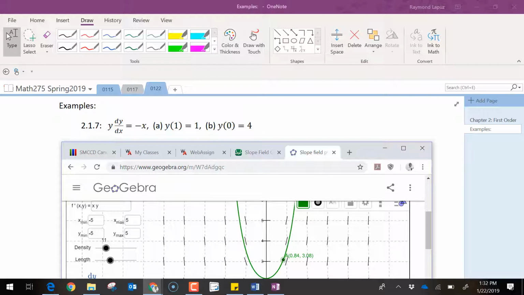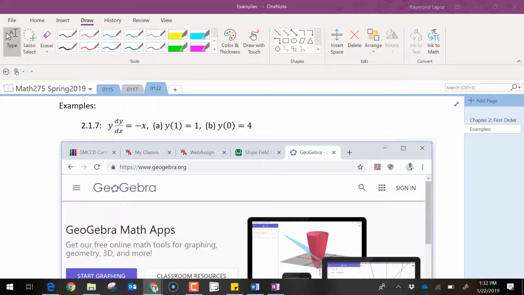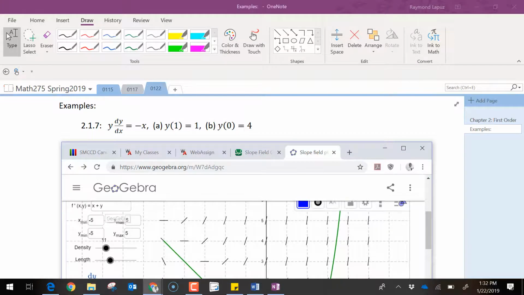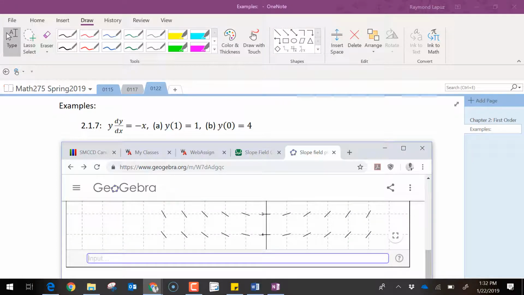All right, so that's our differential equation in normal form. So if we graph that, negative x divided by y, and then let's take note of the first one. y of 1 is equal to 1.